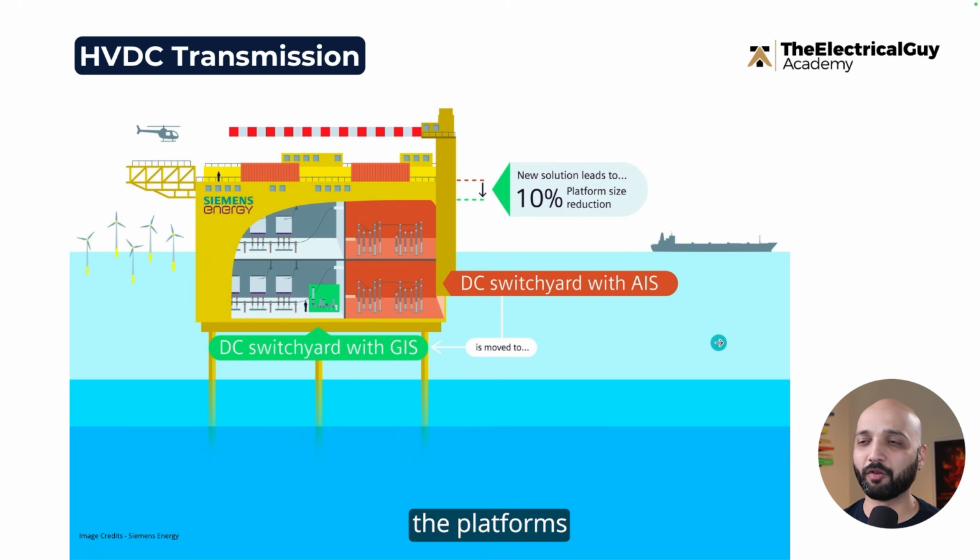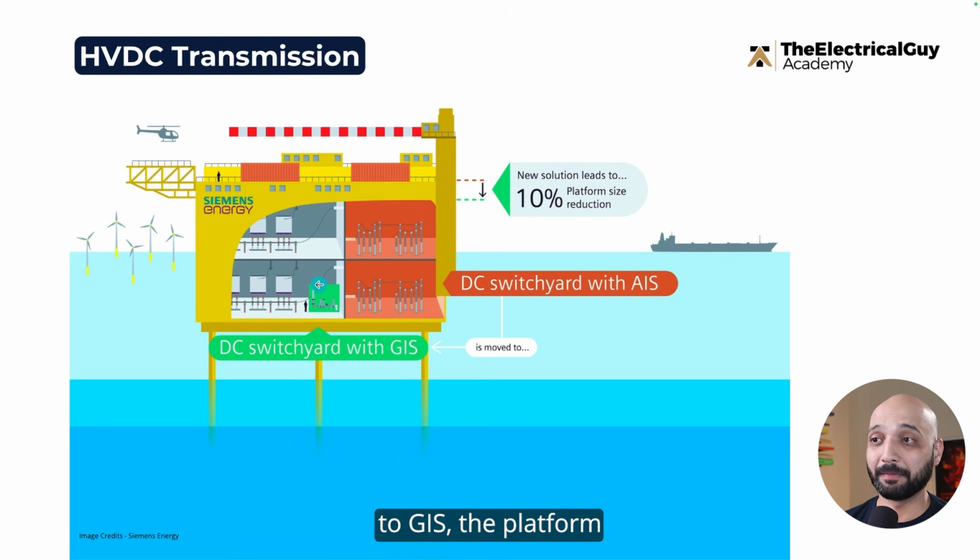And also on the platforms that are placed offshore, you can see this is the whole platform that you need if you're using the AIS. But if you transfer everything to GIS, then you see the space is very, very limited. So if you switch to GIS, the platform that you need becomes very compact.